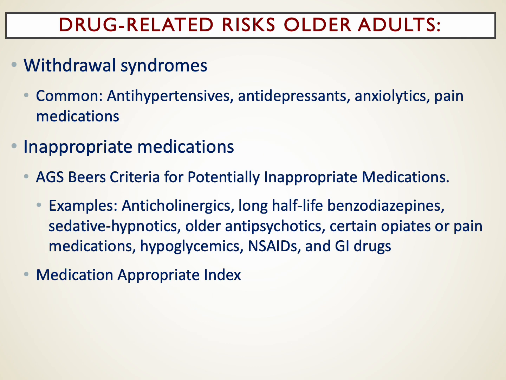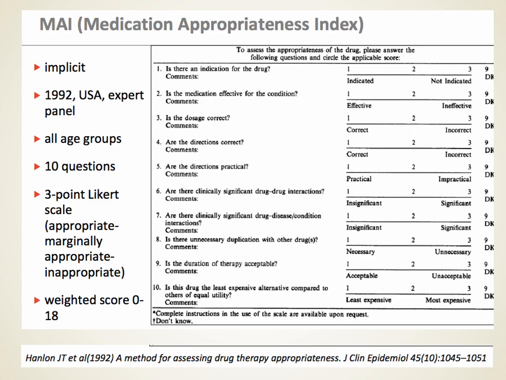We also look at other kinds of issues. We'll talk about the Beers criteria, for example, in a bit, and withdrawal syndromes in older patients. Some of the ways to think about this become intuitive in practice, but you want to be clear that there's a clear reason and rationale, and the benefit outweighs the risk, for every medicine that's on any patient's list.